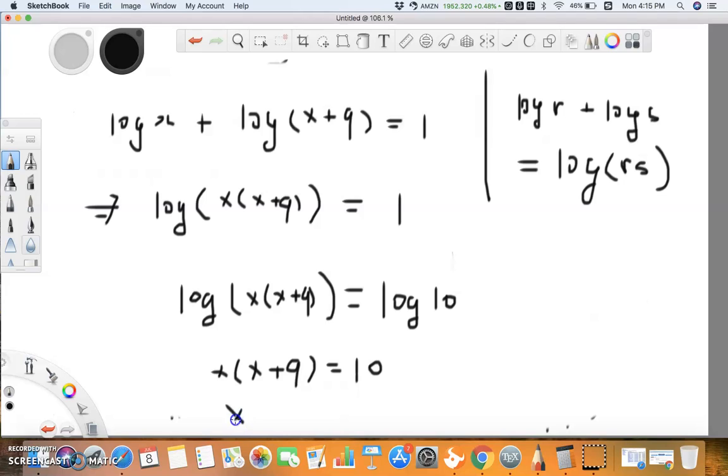Right. So let's try to solve this equation. x squared plus 9x minus 10 equals 0. So we can factor the left-hand side as x plus 10 times x minus 1.